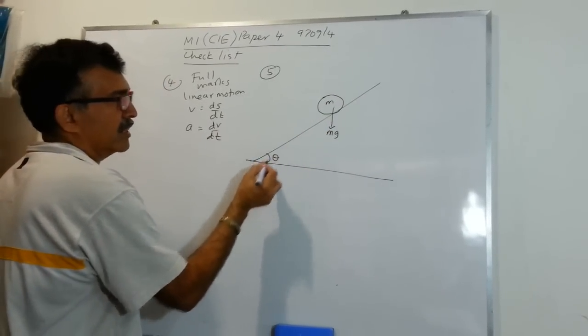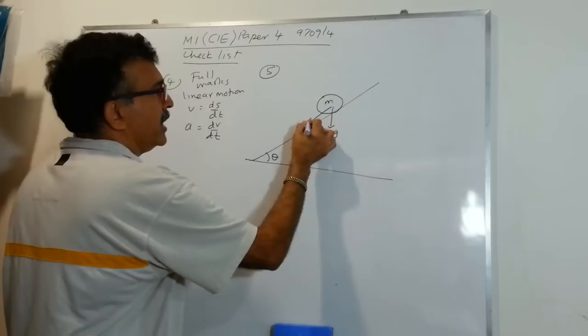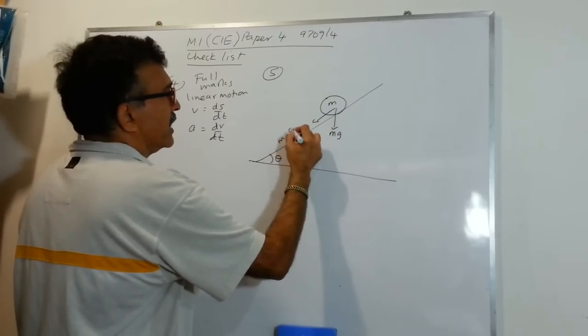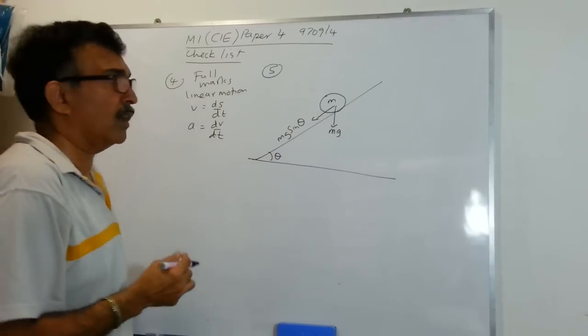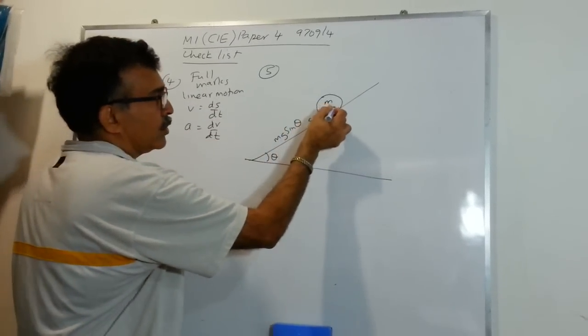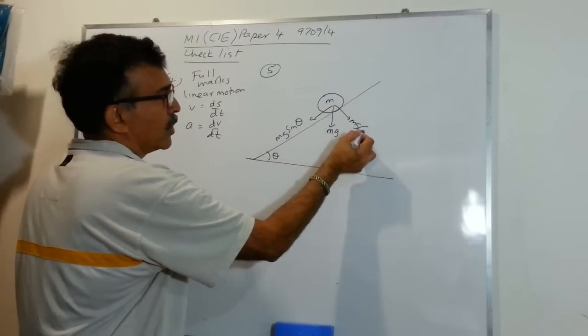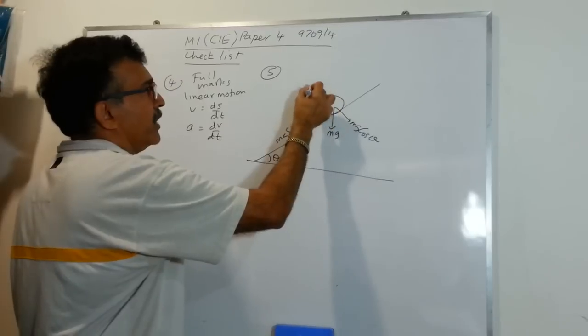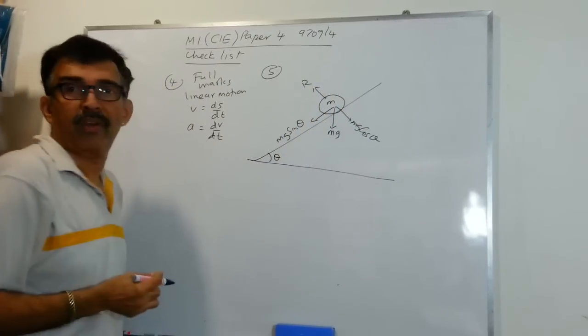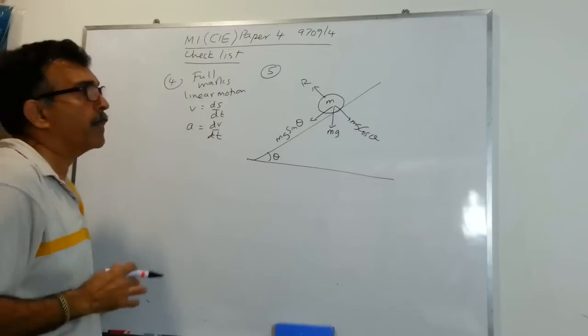This is theta, so don't forget this will be mg sin theta, the component of the weight along the inclined plane, and this will be mg cos theta. And we have our normal reaction. So we'll use this.